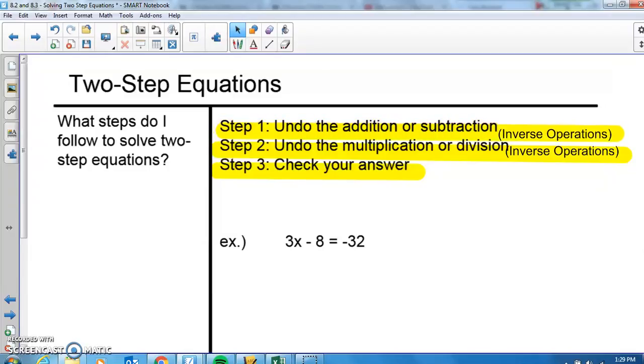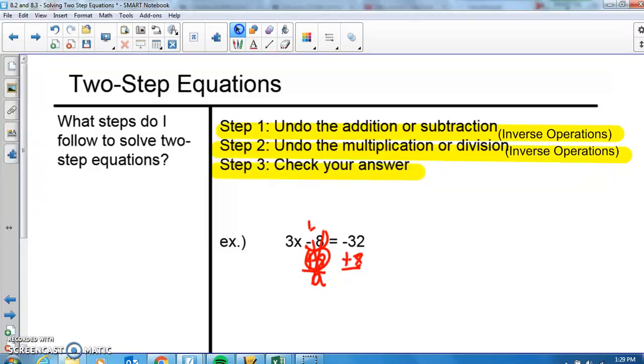The opposite of a minus 8 is a plus 8. Remember, what I do on one side, I have to do on the other. So if I add on the left side, I'm going to have to add on the right side. A negative 8 and a positive 8 are opposites, they cancel out, that equals 0.